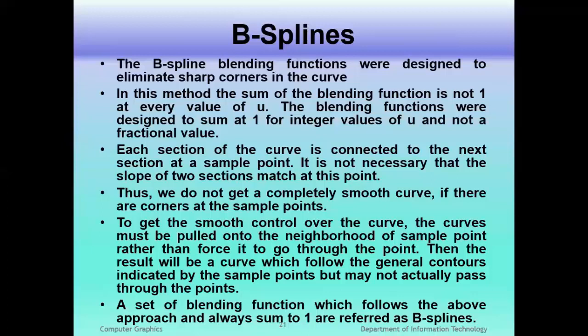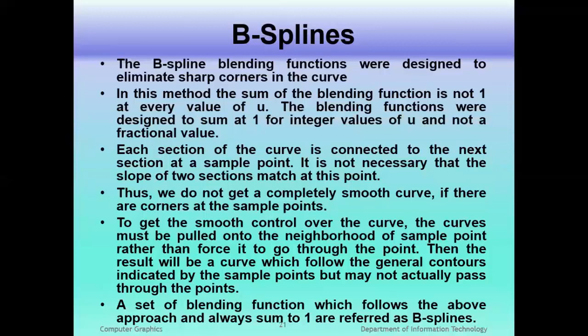Each section of the curve is connected to the next section at a sample point. It is not necessary that the slope of the two sections match at this point. Thus, we do not get a completely smooth curve if there are corners at the sample points.